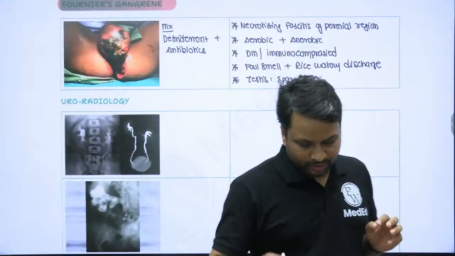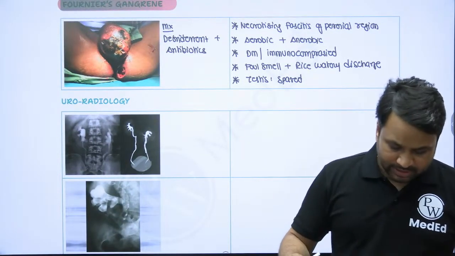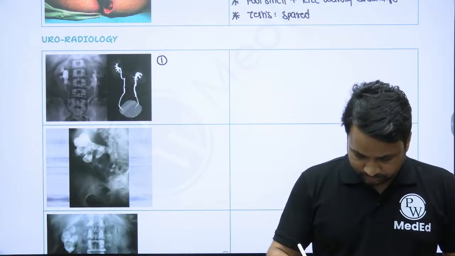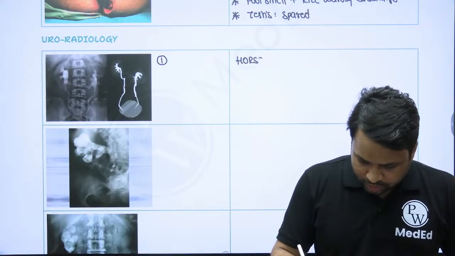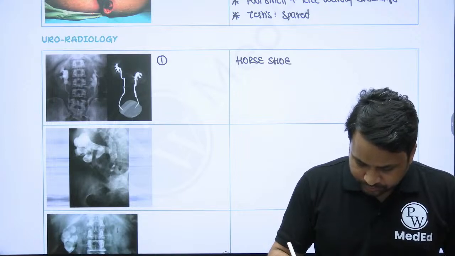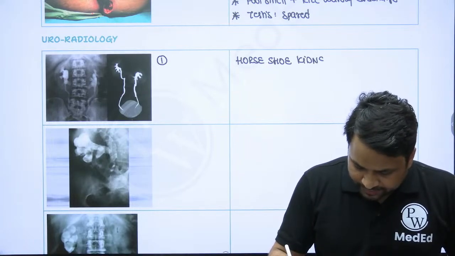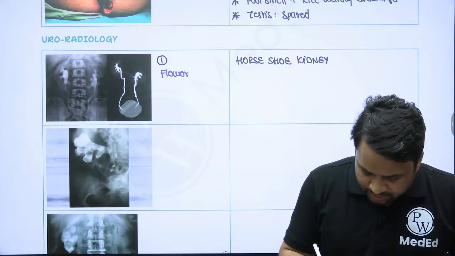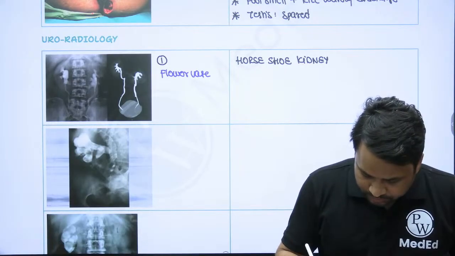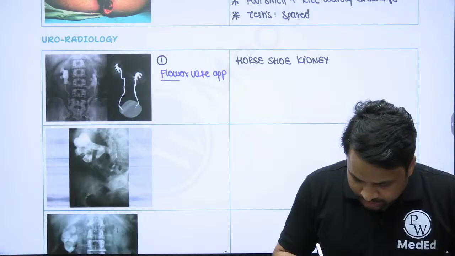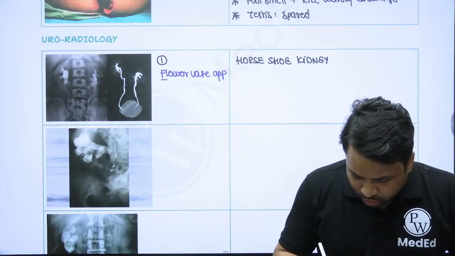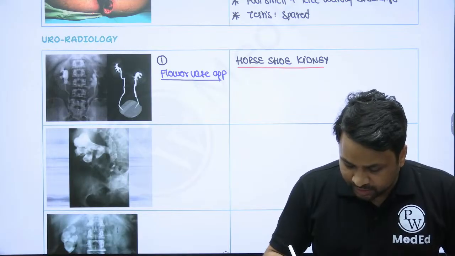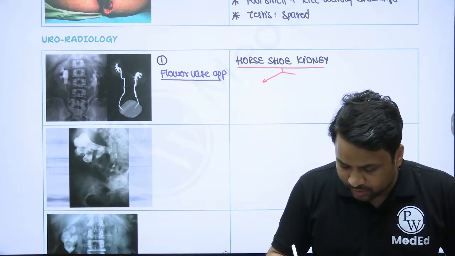Okay? Right. Coming back to the radiological images, the first image that you can see is of horseshoe kidney. The finding that you are able to see here is what we call the flower vase appearance. In the horseshoe kidney, two things that you should know: the level of the isthmus and the vessel over the isthmus.